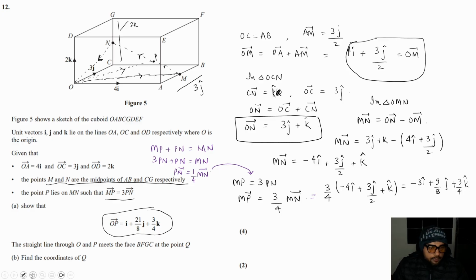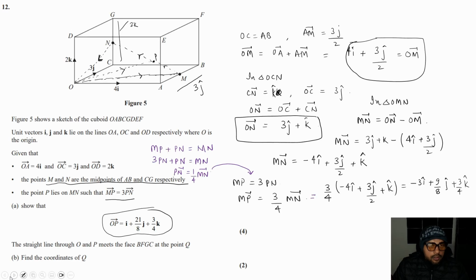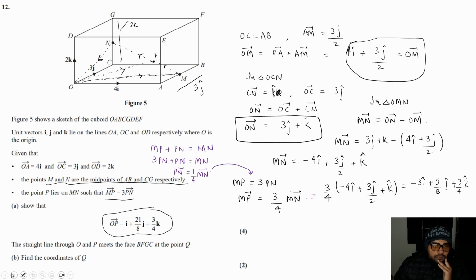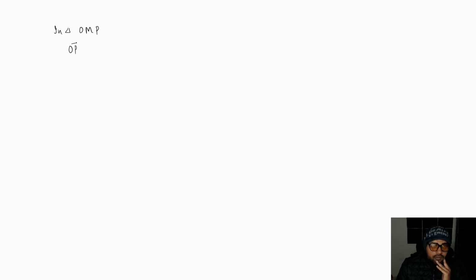This is only for the visualization, students. It will be easier for you if you draw the triangles in this case. So in the triangle OMP, OP vector will be equal to OM vector plus MP vector.